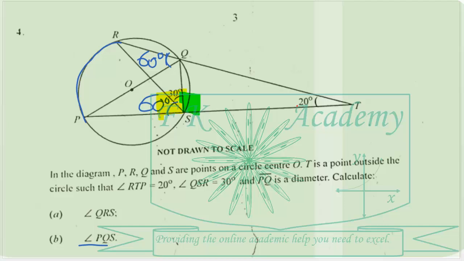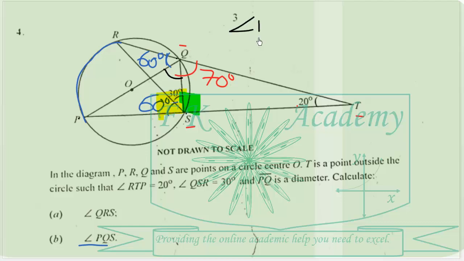So the triangle, from triangle SQT, which is a right angle triangle, this must be 70 degrees. So we can find the angle here, which is angle PQS.